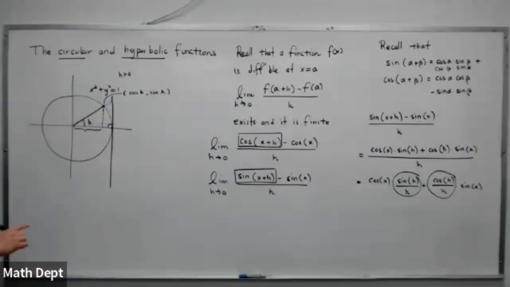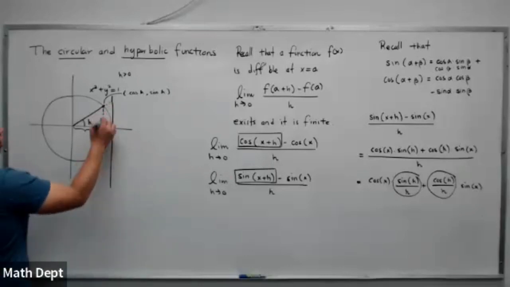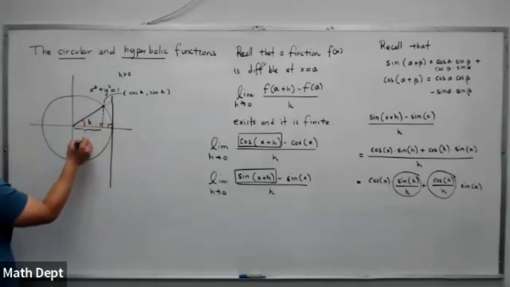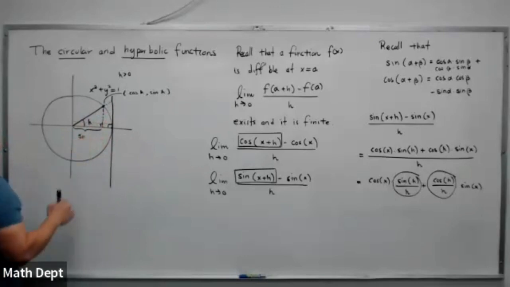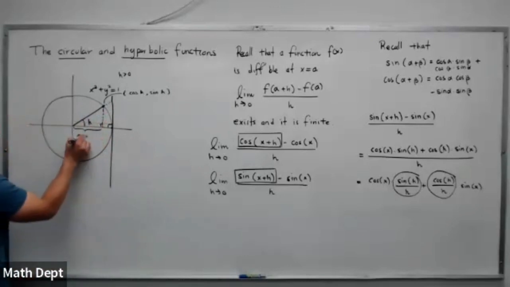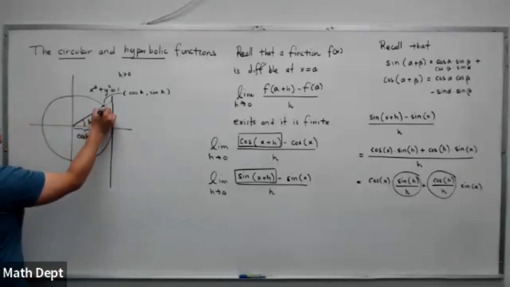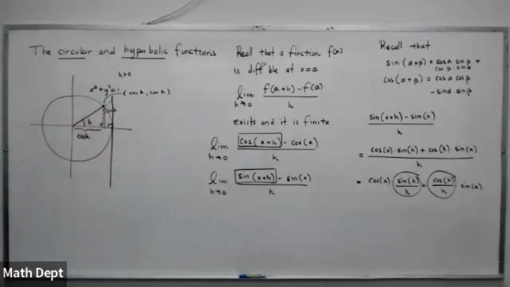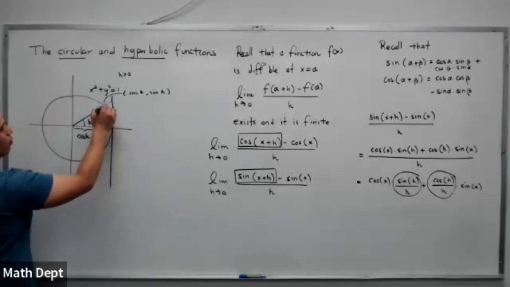Then you would say, wait a second, would it be possible to label the sides of this right triangle? This is a height. Of course, you can say that this side is cosine of h, while this one is sine of h. But then, let me make a comparison.